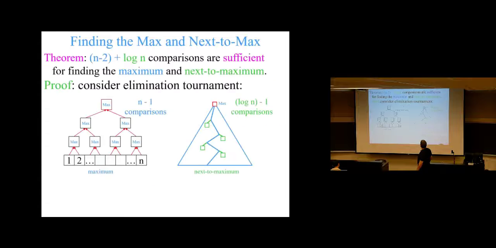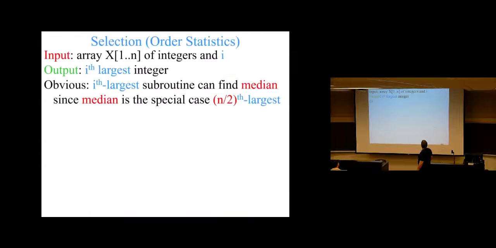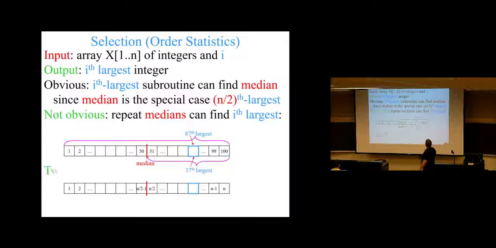So we're saying that if you can find the median in linear time, then you can do quick select. You can partition it evenly into half and half, and then recurse on the right one, and then you can find the ith largest for any i, not just the median, which is the n over 2 ith largest.